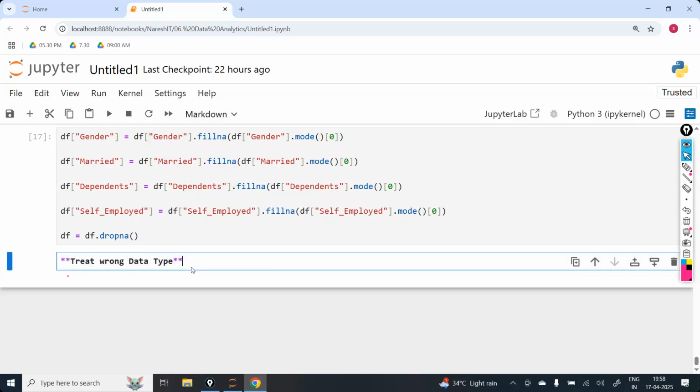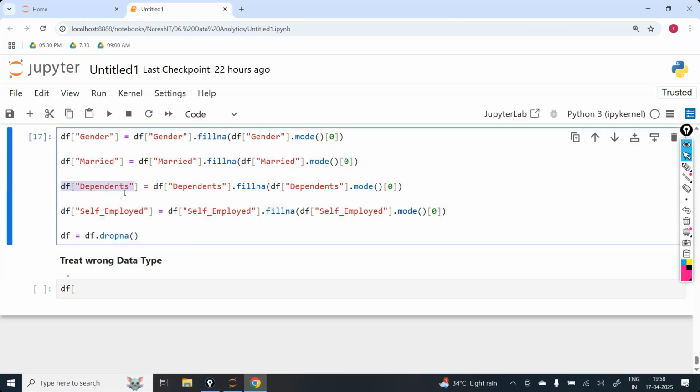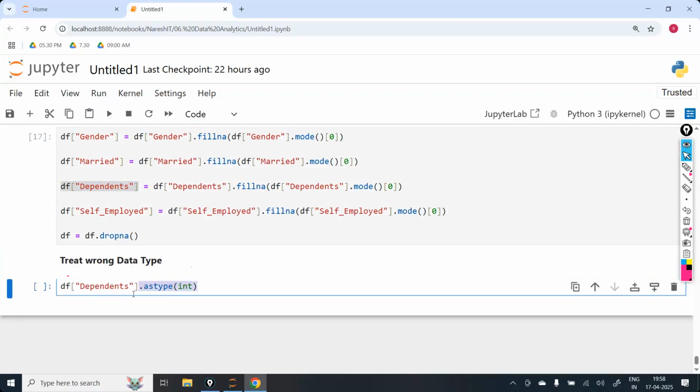One is the dependents column, which is in string format. So this one I'm going to convert with astype int. Number of dependents I have converted to int type.